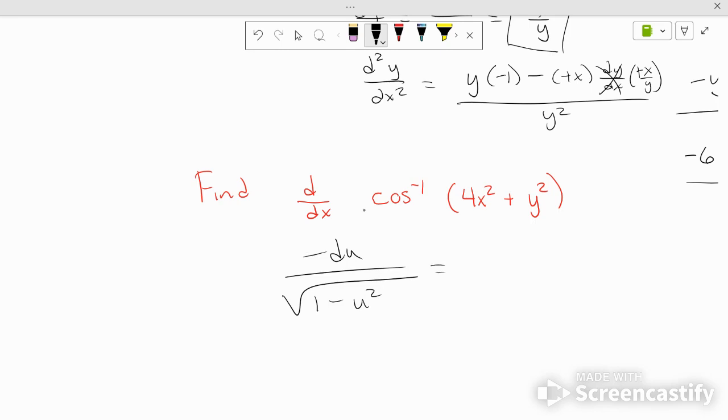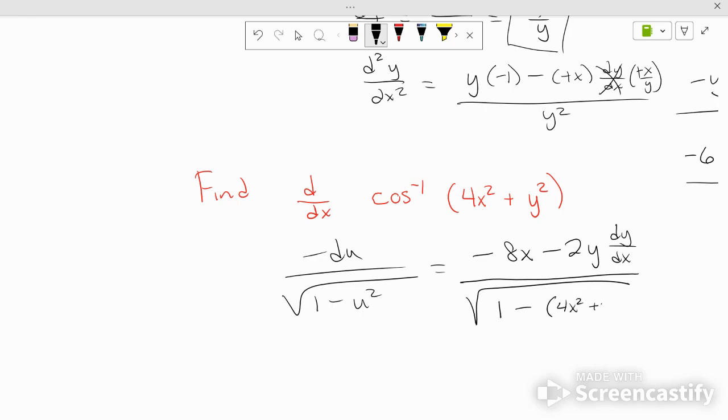What's du here? 8x plus 2y, but you know, with the negative in front, distribute the negative. 2y dy dx all over the square root of 1 minus the quantity 4x squared plus y squared, squared.